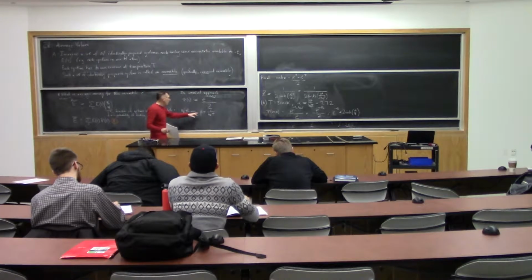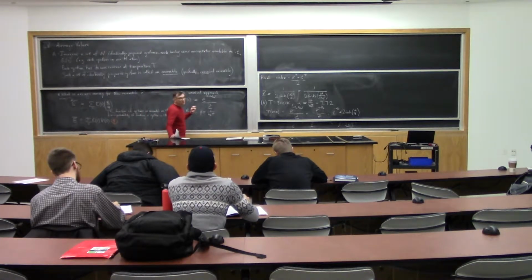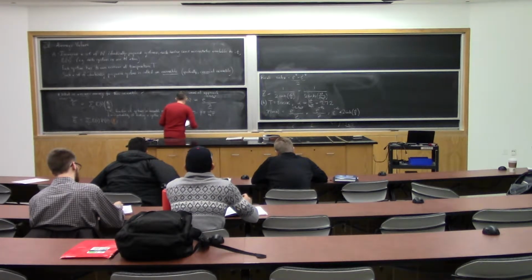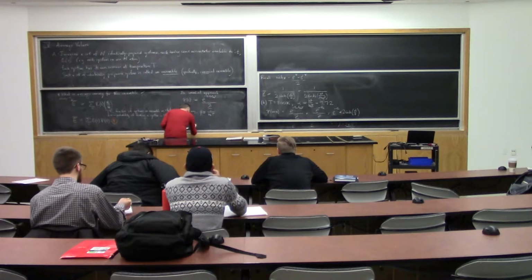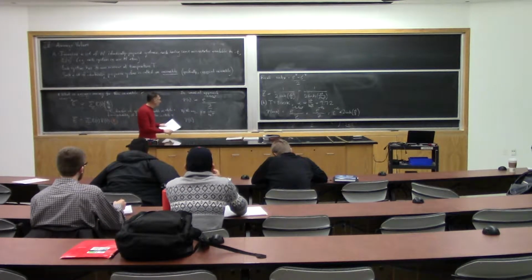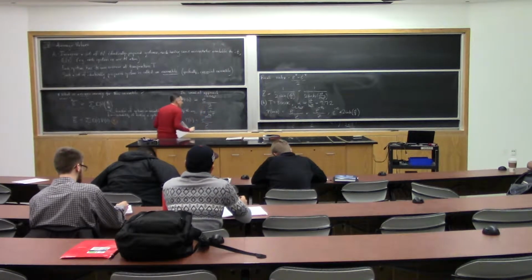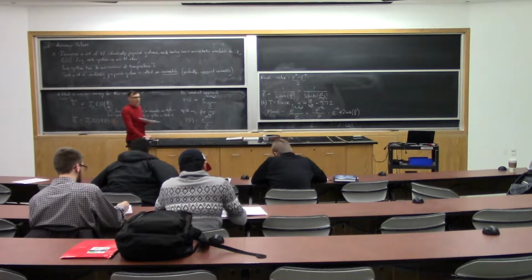Notice then that the quantity beta has dimensions of inverse energy, 1 over energy. And so the probability in the canonical approach that a system will be in state S is written as e to the negative beta E of S over the partition function. And this is what you will see.